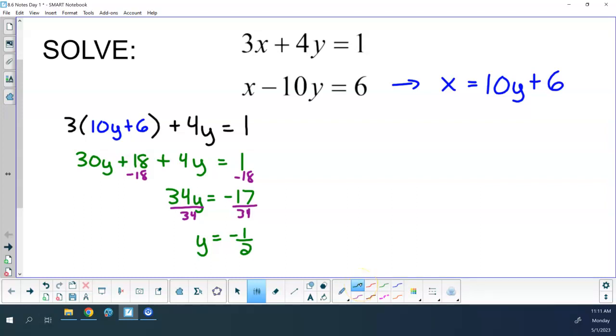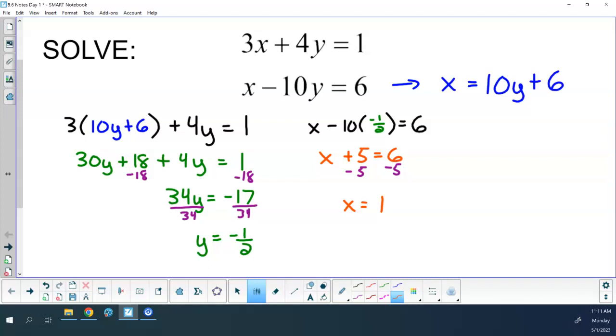I'm going to choose the second equation. And I get x equals 1. Agree with me so far?